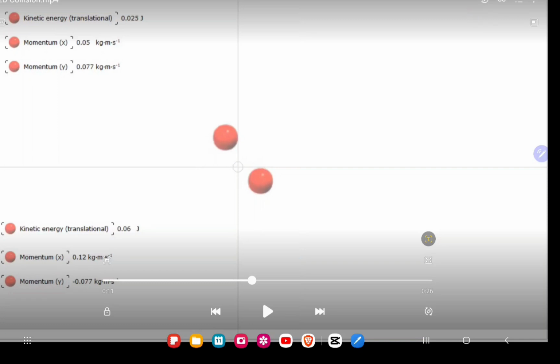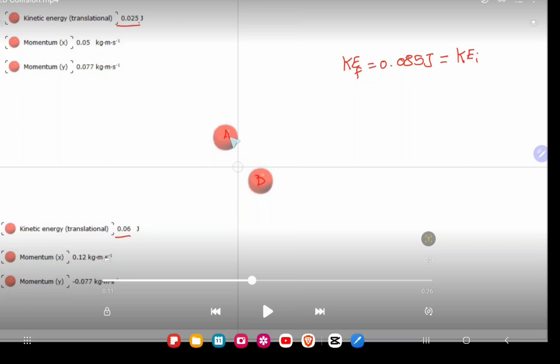The kinetic energy for the first ball, let's name it A, and this is B, is 0.025. The kinetic energy for ball B is 0.06. When you add them up, you will find the final kinetic energy equal to 0.085 joule, which is exactly equal to the initial kinetic energy before the collision.